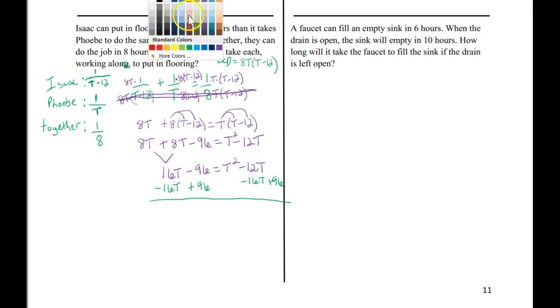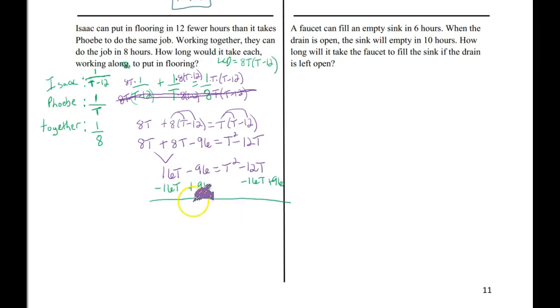Then from there, let's see what we have now. So this is 0, 0. My left-hand side is 0, which I wanted it to be. I have my t squared, and then negative 12t minus 16t is negative 28t plus 96.